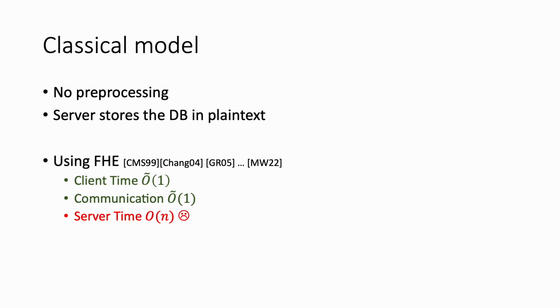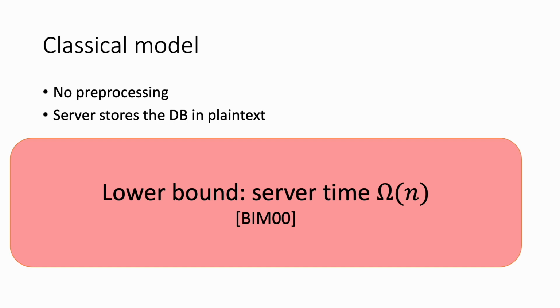That is pretty bad if you think about a blockchain, where the whole history could contain about 800 gigabytes. For every query, you would scan the whole 800 gigabyte database. This is definitely not practical. Unfortunately, this is inherent in the classical model. There's one very important lower bound shown by Beimel, Ishai, and Malkin in their 2000 paper that the server time in this classical model has to be at least linear in n.